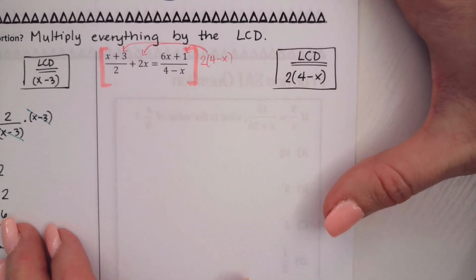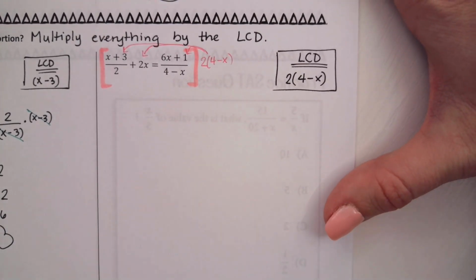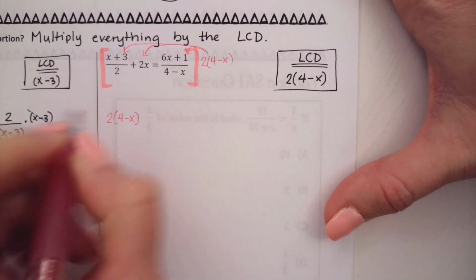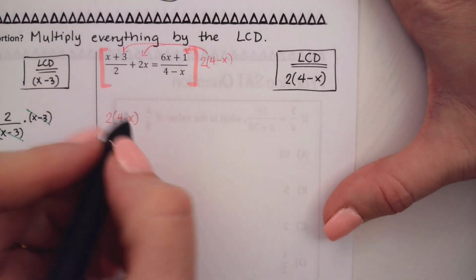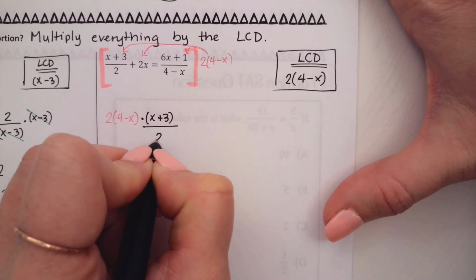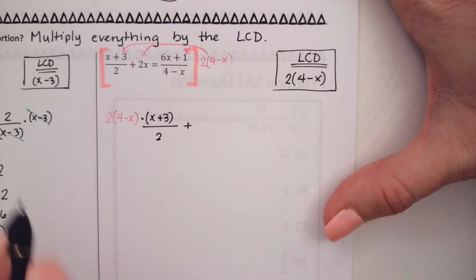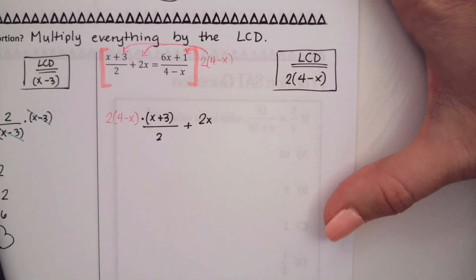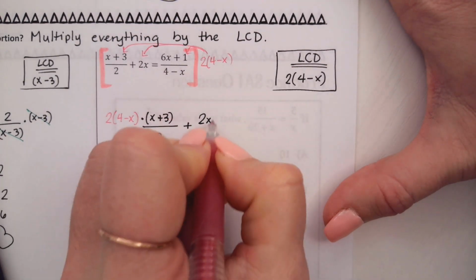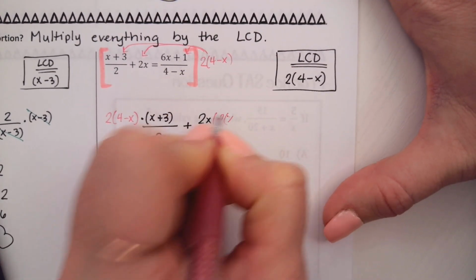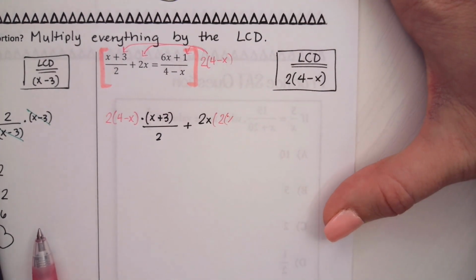So I'm going to start with taking my LCD, 2 times 4 minus x, and multiplying it by the x plus 3 over 2, plus, and then we'll have the 2x times the LCD, which is 2 times 4 minus x.